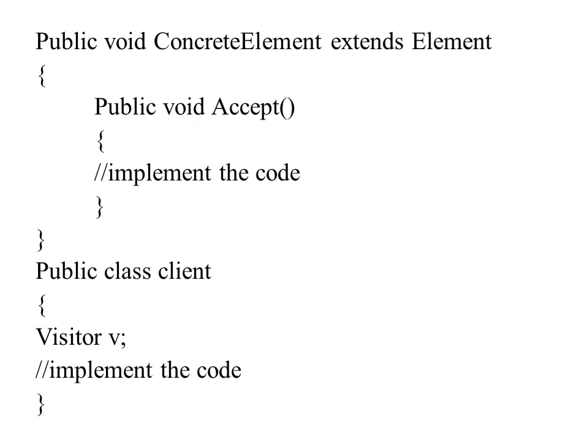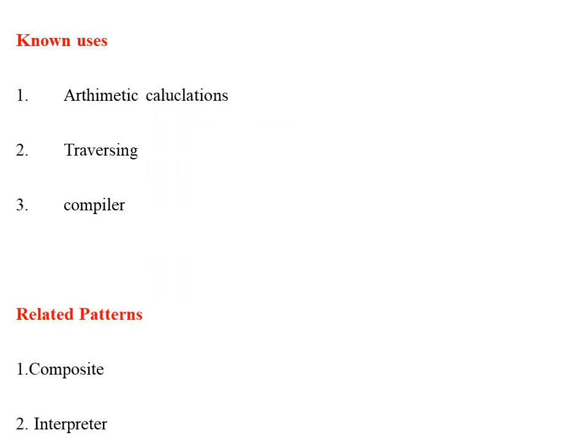Next, coming to the next template, known uses and related patterns. Known uses: the first one is arithmetic calculations, the second is traversal algorithms, and the third is the compiler. For arithmetic calculations, plus and minus, as I already told you, the real-time example for the visitor pattern is arithmetic calculation. Second, traversing: we define the traversing methods here, pre-order traversal and post-order traversal.